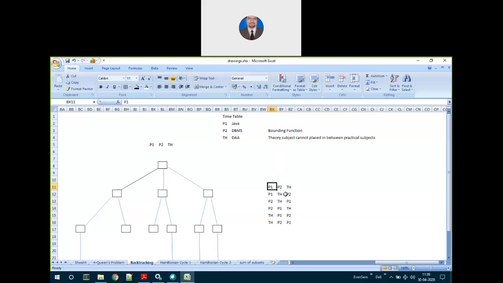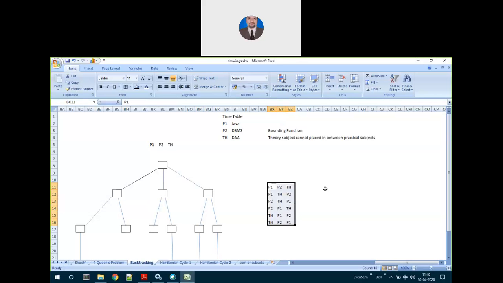In the first slot I can have P1, second slot P2, third slot TH. This could be one solution, that is first Java, then DBMS and then DAA. Like that we can have the remaining five solutions, so these are the six different solutions.